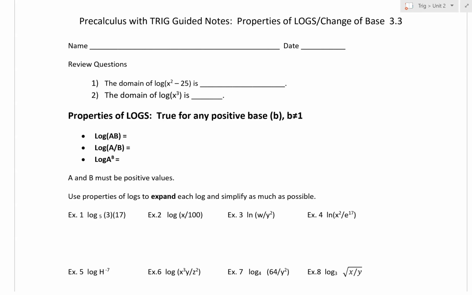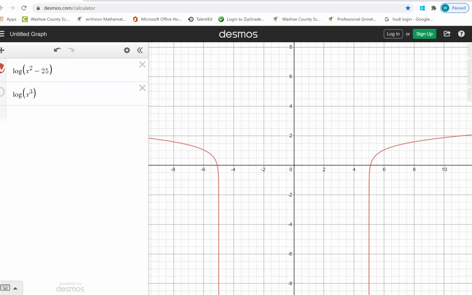All right, so hopefully you did these. One way to do these is to plug this into a calculator. So if we just look at the first one, it's showing you this picture. It's log of x squared minus 25. If you notice, it's going through 5 on both of the axes here, 5 and negative 5.